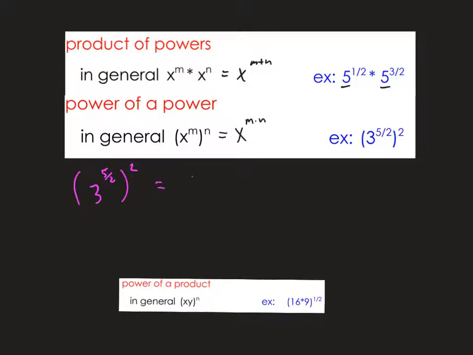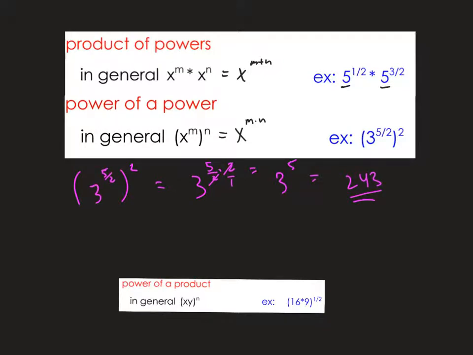So first things first, that's going to be 3 to the 5/2 times 2. Now, technically, that 2 is over a 1, right? And I can cancel these 2's. So that's going to be equal to 3 to the 5th power, and 3 to the 5th happens to be 243, because we can evaluate 3 to the 5th.